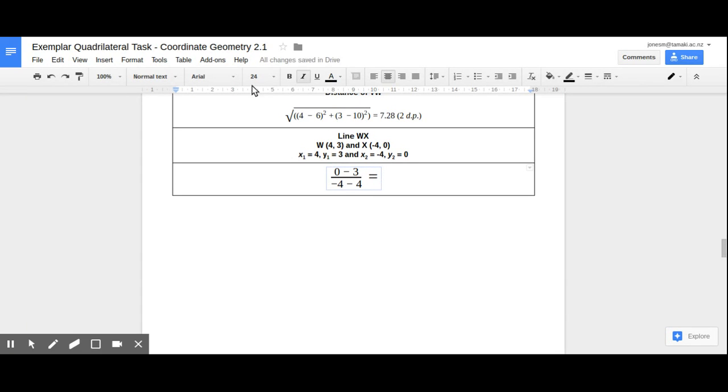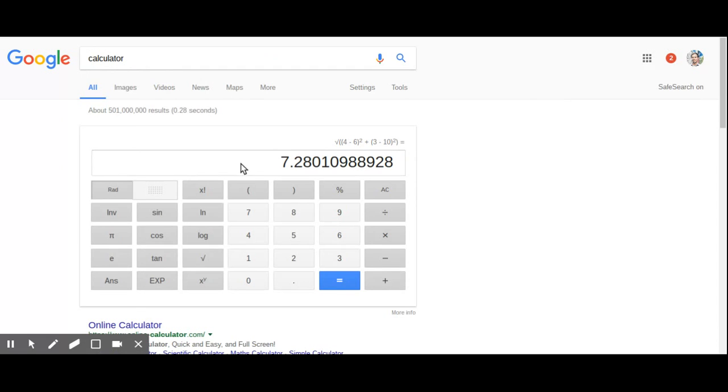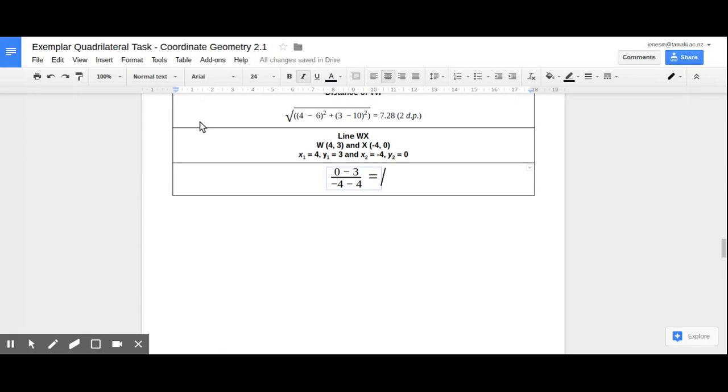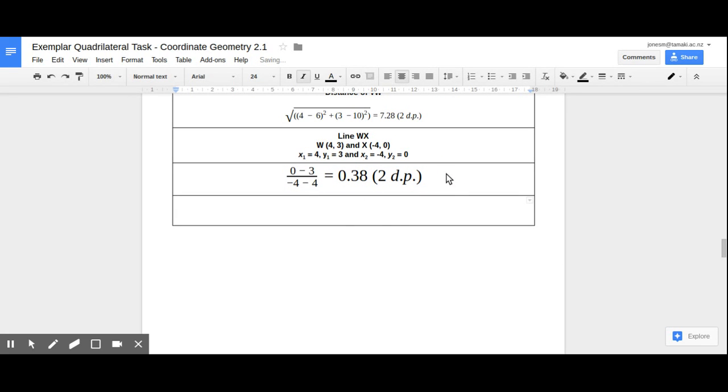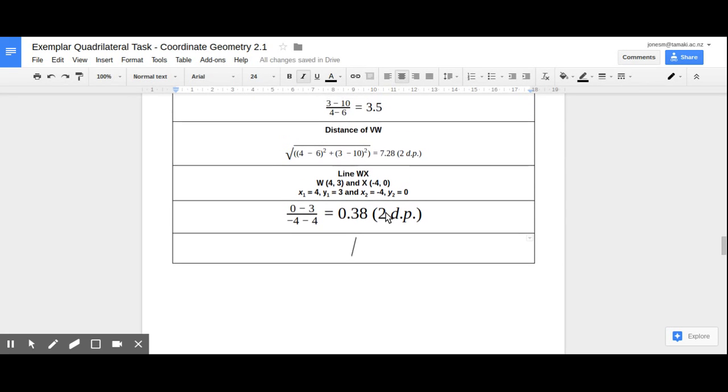Okay, so put that in the calculator. We have 0 minus 3 divided by negative 4 take away 4, and the answer is 0.375 or 0.38 to 2 dp.